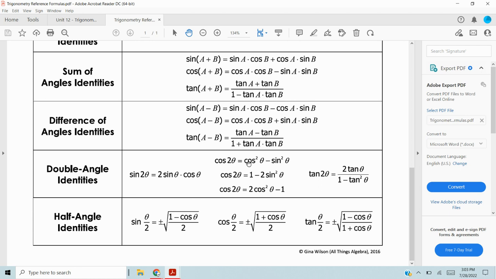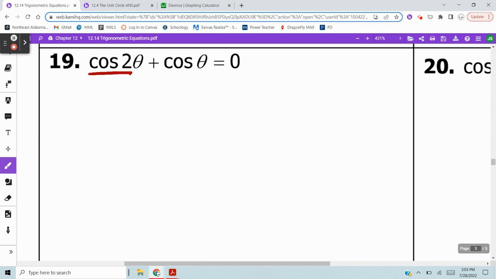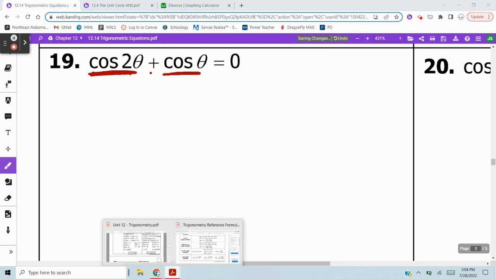Now, I want to point out that if I use cosine squared minus sine squared in this problem, cosine squared minus sine squared plus cosine is equal to 0, you could try to factor it, but there's still going to be a mixture. So since we're trying to deal, if possible, all entirely with cosines or all entirely with sines, since I have a cosine here, let's try to stay away from anything that involves sines.